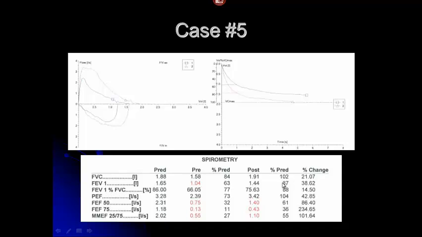So, for example, if I have an 87, if you have also the same predictive value here, if I give you here in this number instead of 38, I would give you, for example, 110. That is from 87 to 110, more than 12% improvement. So this spirometry is already giving you the actual percentage of improvement.